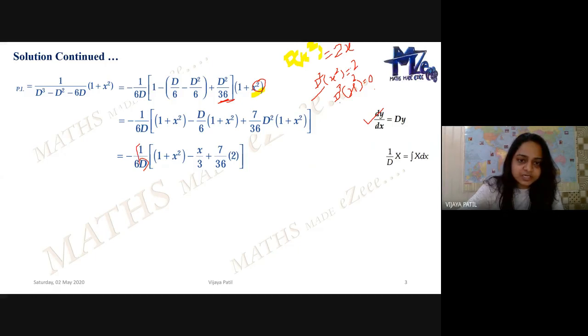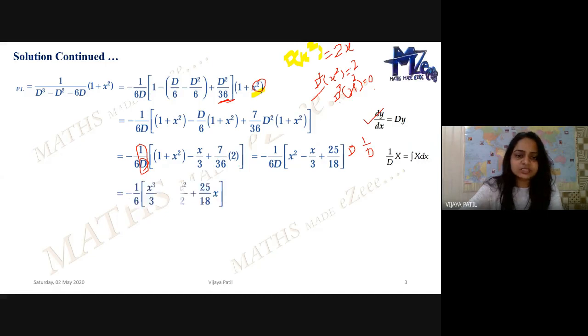This operator is nothing but 1 upon d. This operator on x is nothing but integration of x. As I have told you, d and 1 by d are inverses of each other, right? So if d is a differentiation, 1 by d will be integration. So obviously we have to do the integration over here. So it's minus 1 upon 60 integration of this entire thing, with the common terms and the multiplication, addition of the constants and all.